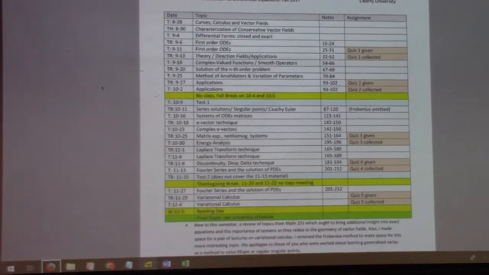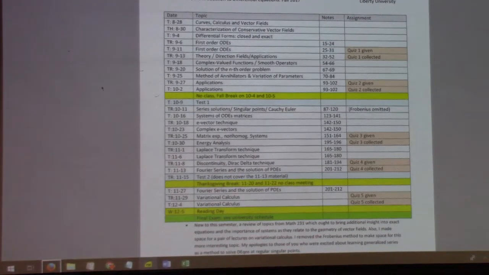So what's on test 2? Series solutions, singular points, Cauchy-Euler, systems, eigenvectors, the generalized eigenvectors, the complex eigenvectors, possibly energy analysis, which was the diagrams you just turned in, Laplace transforms, of course, the unit step function stuff, the direct delta function stuff, and that's it.